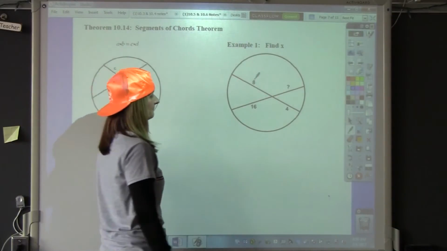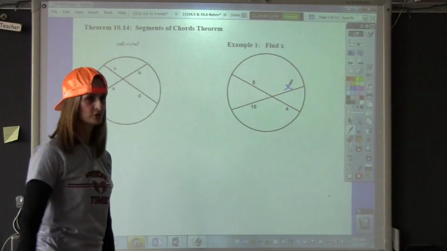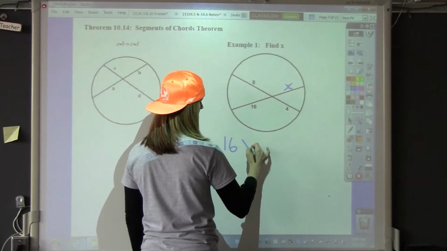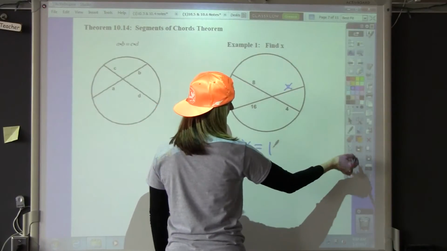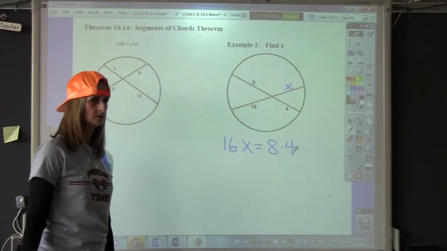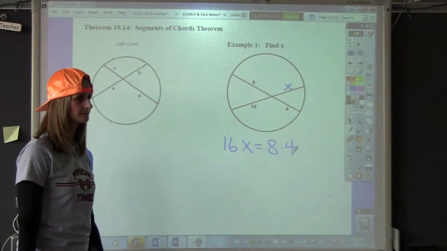Fortunately, you have to memorize it though. So I'm just going to write an X here because we don't know the value, which we're trying to find. So 16 times X equals 8 times 4. How are we doing? Good. Okay, solve for X.